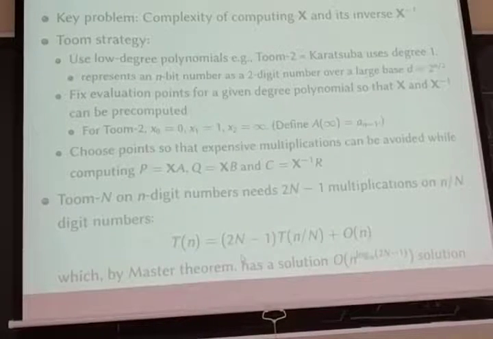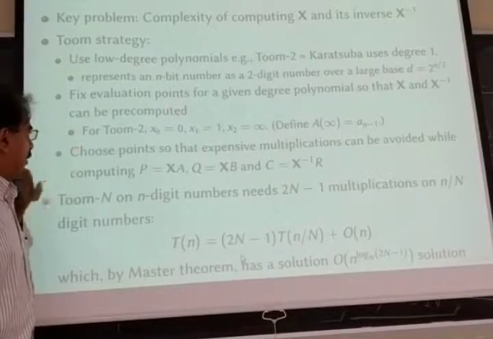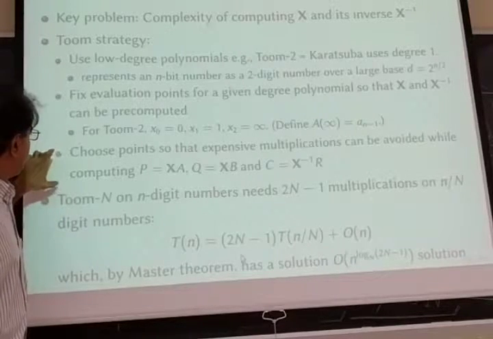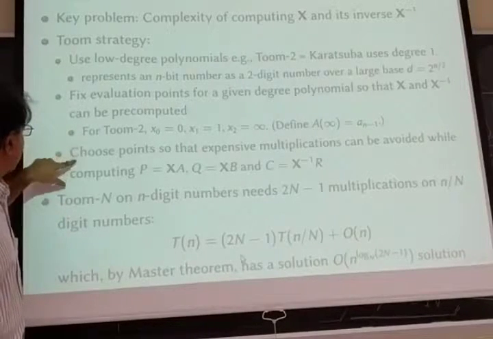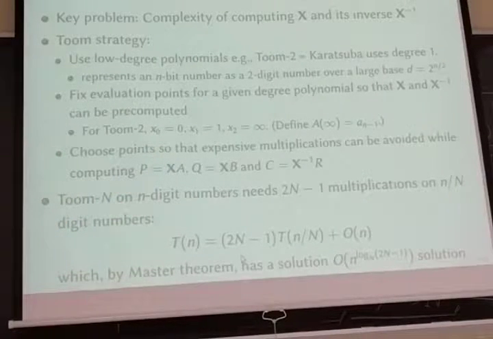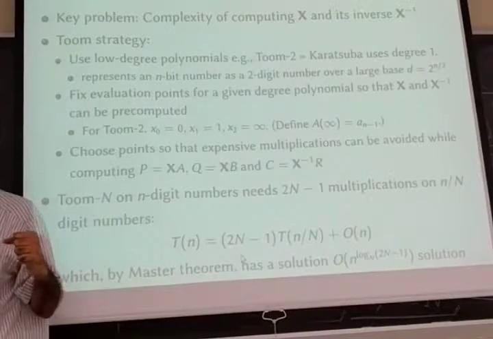In fact, you choose the points so that there is actually no expensive multiplication. You only have to do addition but not multiplication. The only multiplication comes up when you do the point-wise operations.